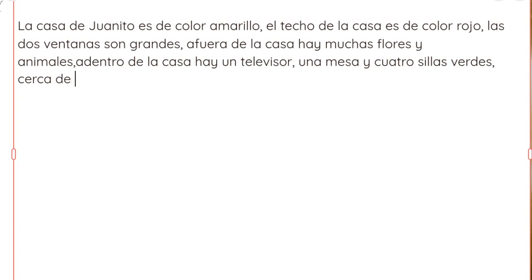Cerca de las flores hay una gallina, coma, un gallo y un pollo, coma.